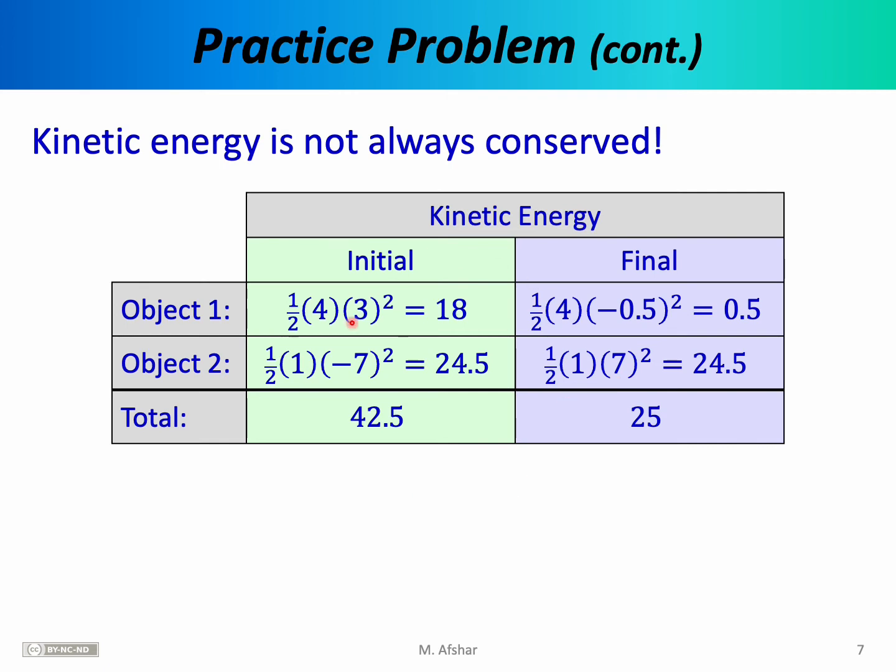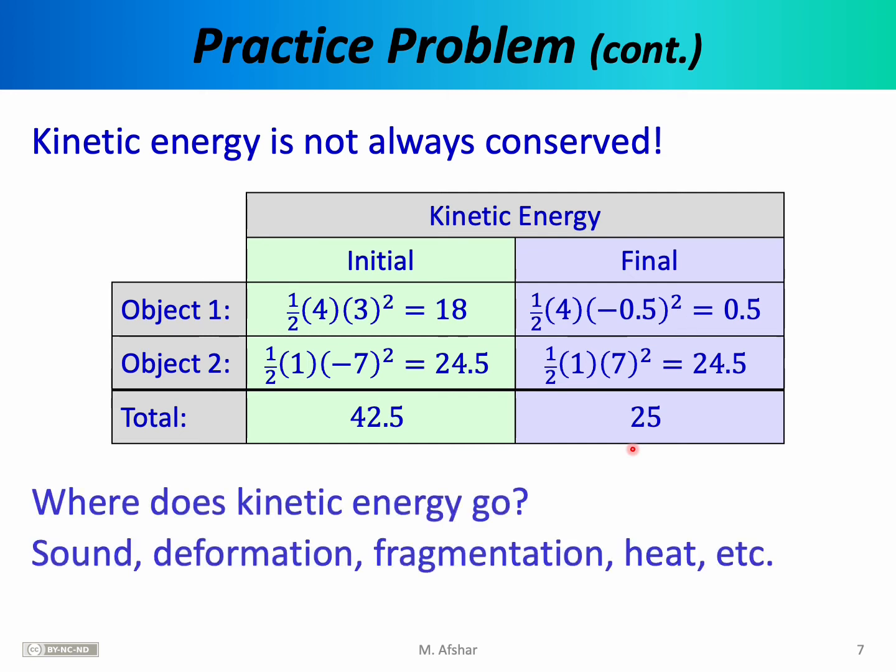Putting all this together, we find that the initial kinetic energy of the system is 42.5 joules, whereas the final kinetic energy of the system is only 25 joules. Clearly, kinetic energy is not conserved in this particular collision. You might be wondering, where did the energy go?